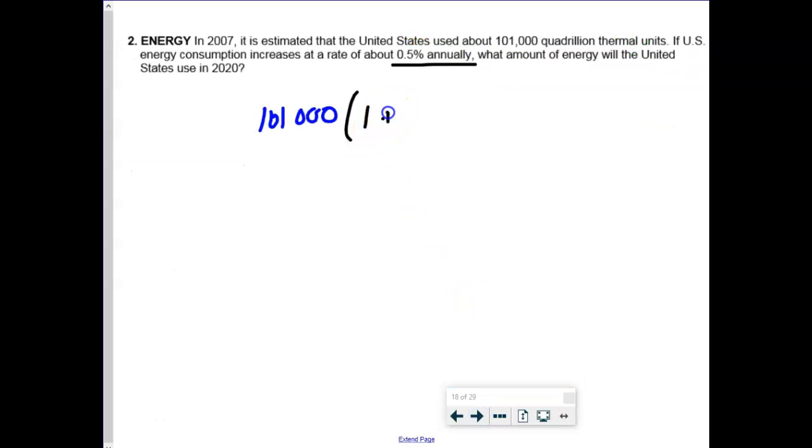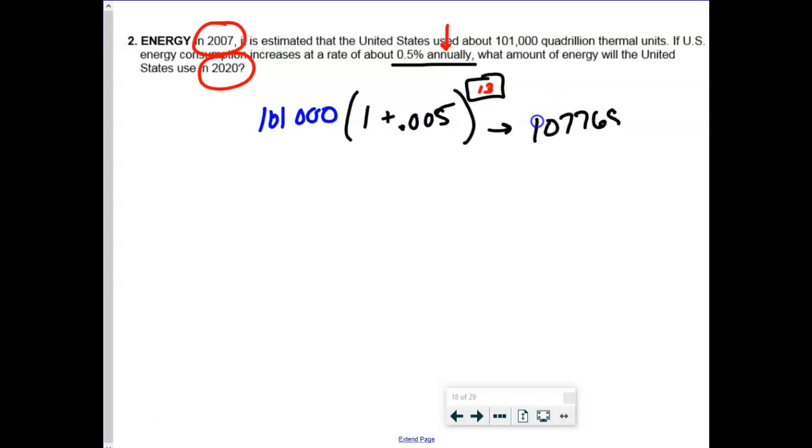And then we're increasing. Now careful here, guys. 0.5%. You'd move the decimal over 2 times and you get 0.005. And what am I supposed to put in for time? Because it increases annually and I go from 2007 to 2020. 13 years. Very good. All right. So on your calculator, I think this comes out to 107765.